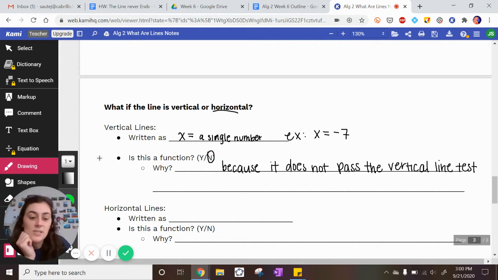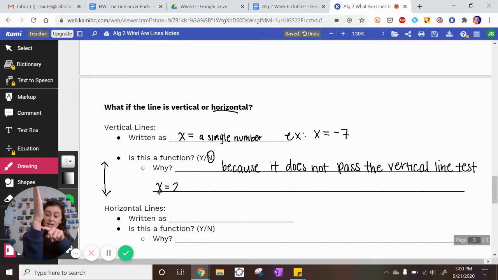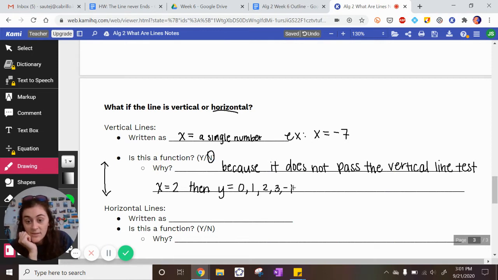And let's think about this. If I have a vertical line on an axis, let's say our vertical line is x equals 2. So when x equals 2, we just have a straight line at x equals 2. Well, y could be, if x equals 2, then y equals 0, 1, 2, 3, -17, 58. y could be every single value.